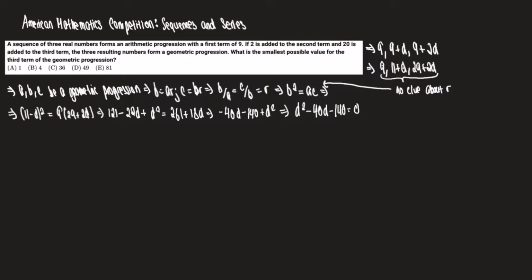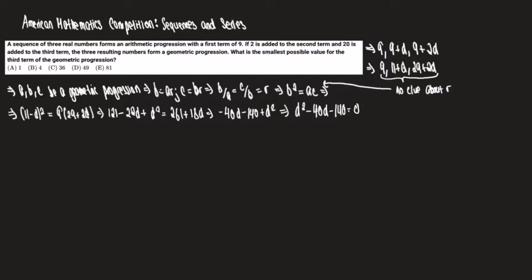Perhaps you know how to factor this. I can't think of any way to factor this right now. And that actually makes absolutely no sense, considering that all of the answer choices are whole numbers. So I probably made a mistake here.